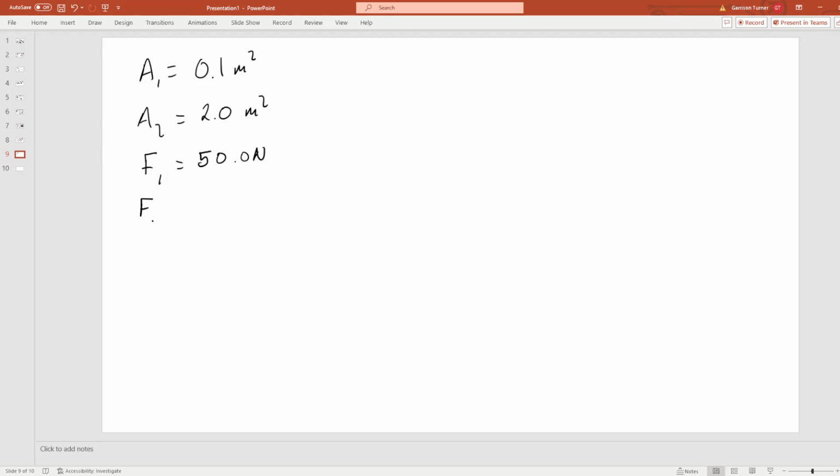What will the lifting force be? Okay. So from the previous equation, we have F lift is equal to the pushing force times the ratio of A2 to A1.